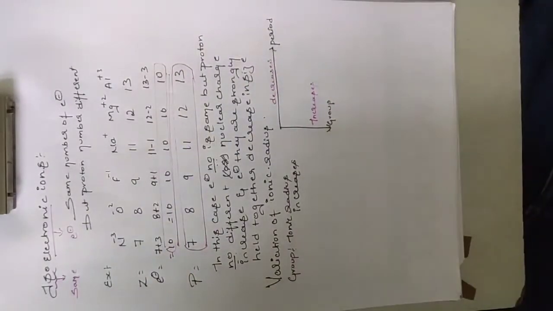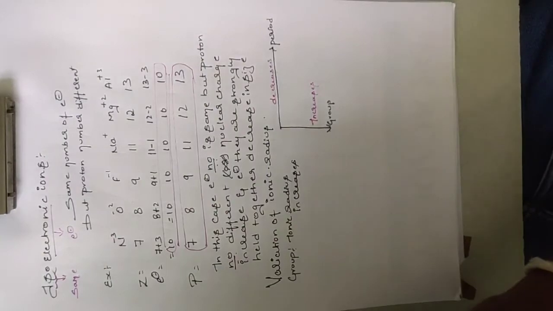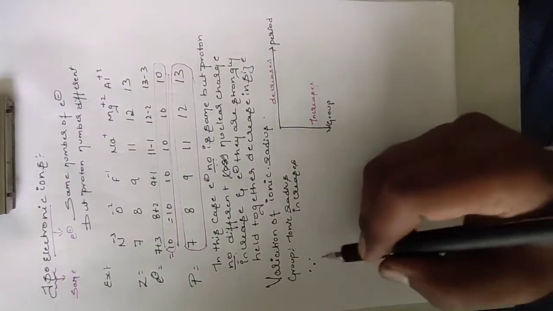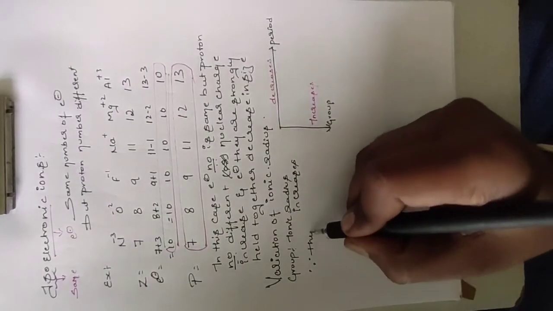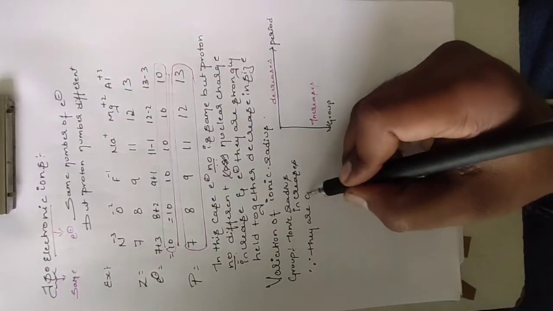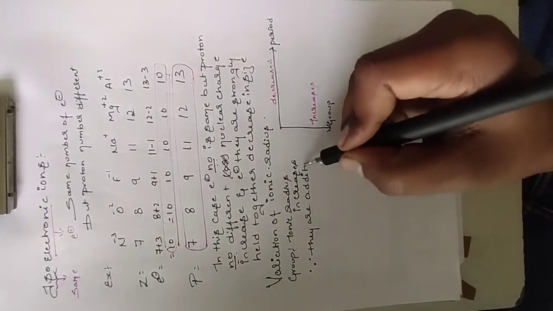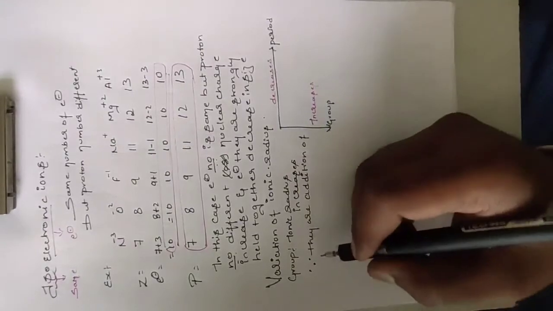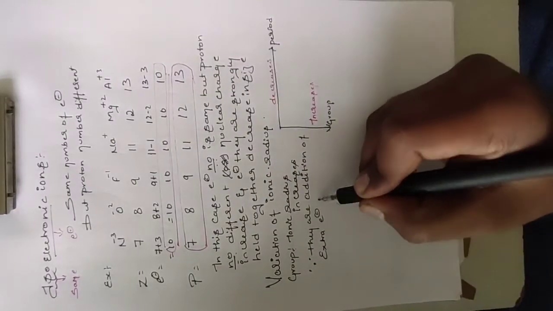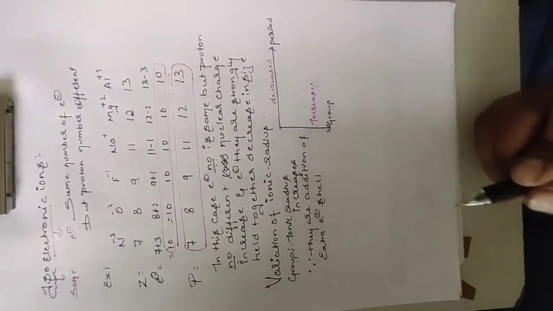Okay, see why ionic radius increases? Because there is an addition of an extra electron shell. Already I told you, adding the extra electron shell.